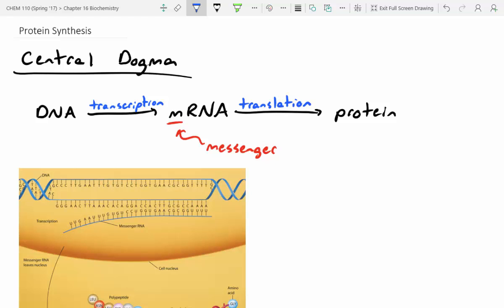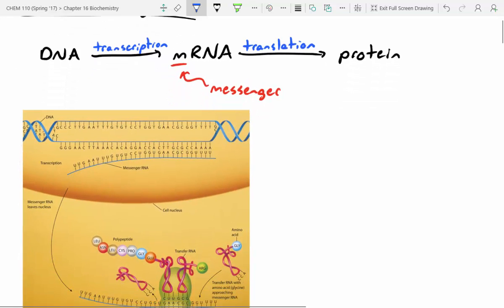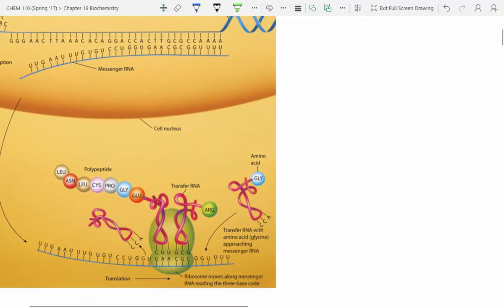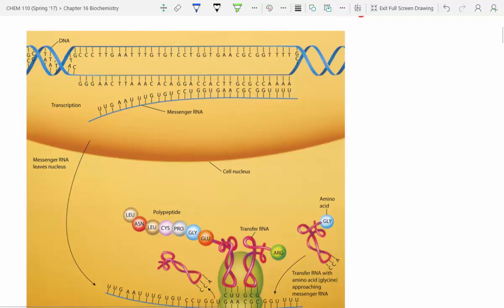The way I always remember this, right, is if you think about translate, it's from one language to another, right? The language of nucleic acids is completely different than the language of proteins, right? So translating that genetic information into protein information is translation. So let's look at this big picture here. Inside this nucleus, I'm going to highlight this with our red line here, we've got our DNA.